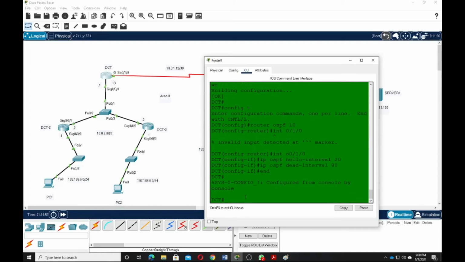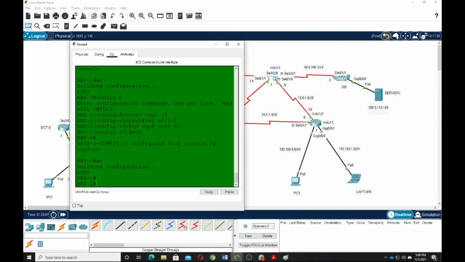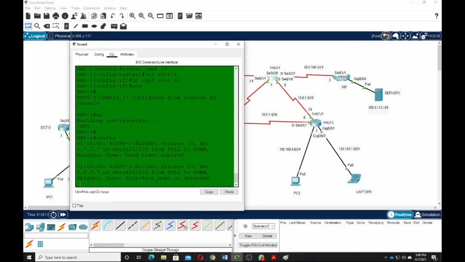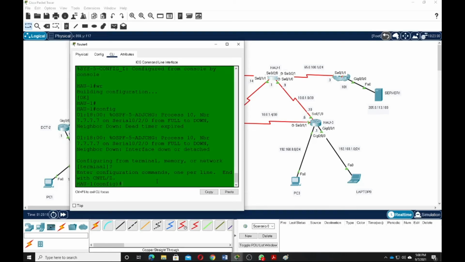Okay, now here also, config t. So if you notice, it was down because they are not of the same hello and dead timer.